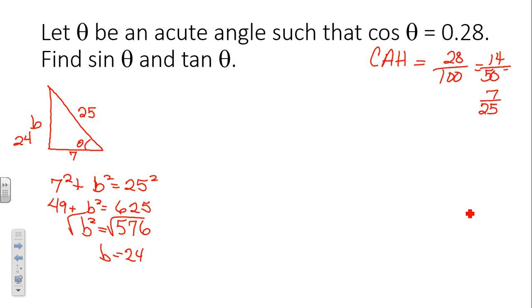That means that we're going to use the opposite and hypotenuse to find the sine, and the opposite and adjacent to find the tangent. So our heavy lifting's done. The sine of theta is what, Andrew?